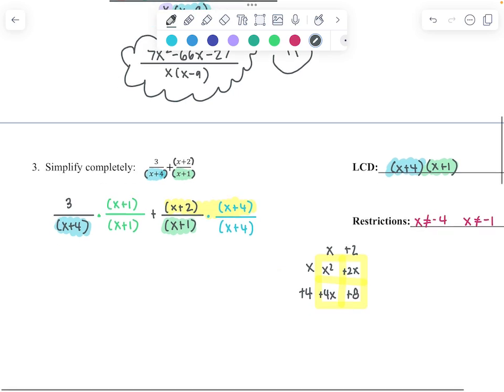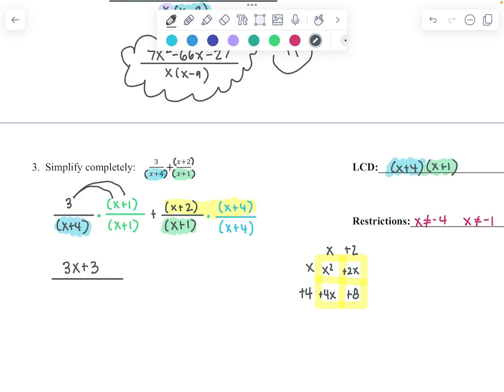And then if we look here, it's a monomial times a binomial, so we can just distribute. It becomes 3x plus 3 over x plus 4 times x plus 1. And our new numerator that we just got from multiplying out is x squared plus 2x plus 4x plus 8.